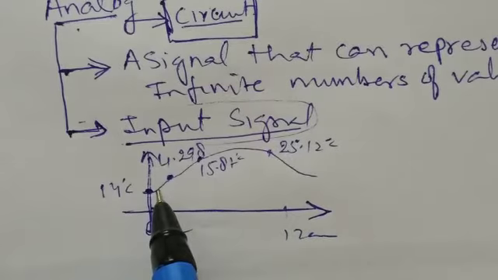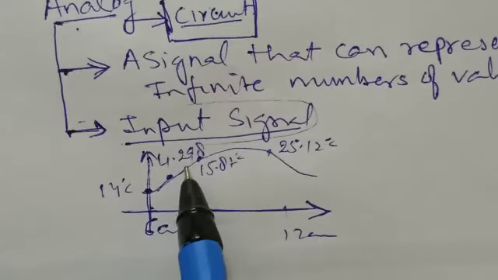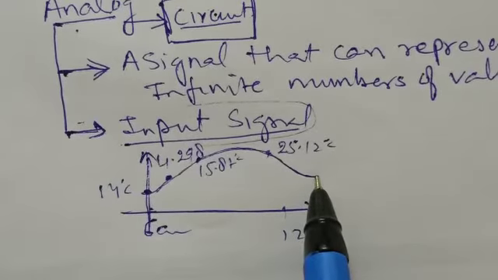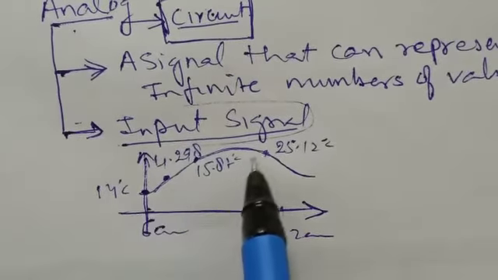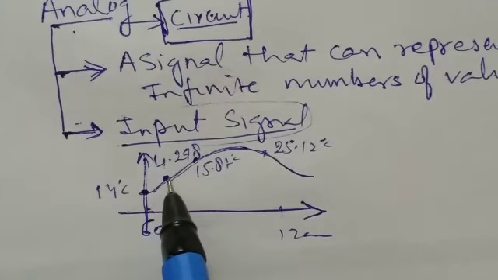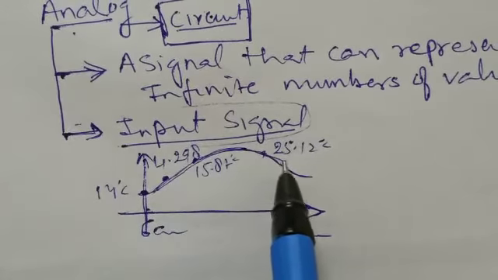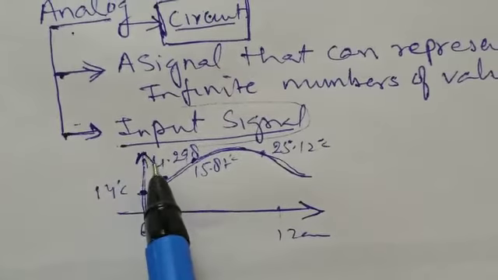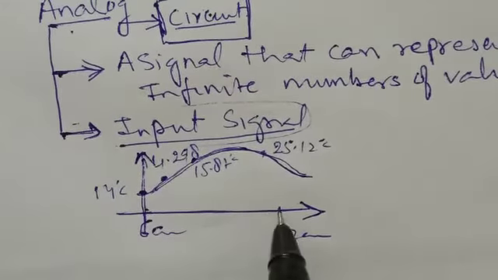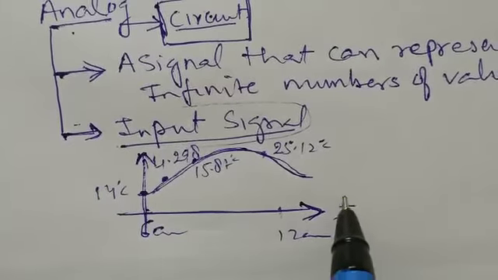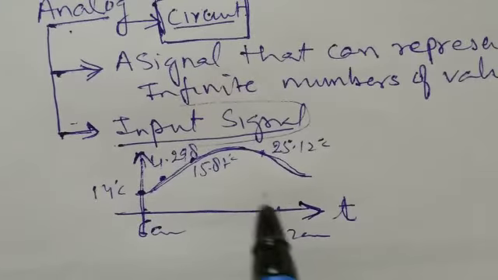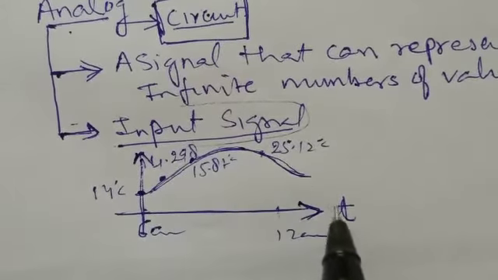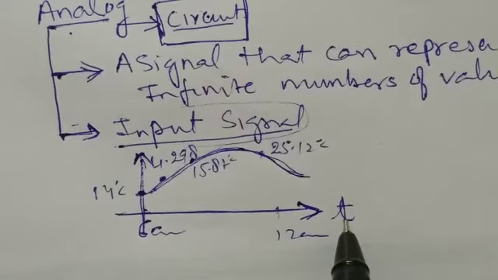So we can see in this graph infinite number of values are possible between 14 and 25. So this graph will be called an analog signal. This is a representation of temperature in analog manner with respect to time.